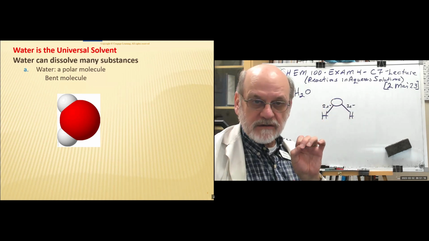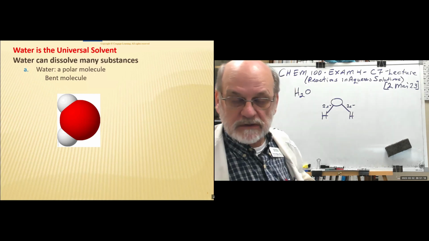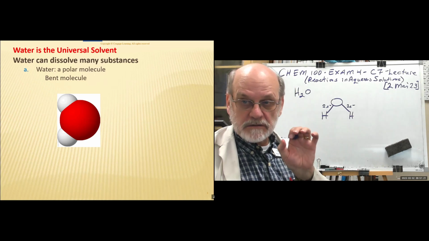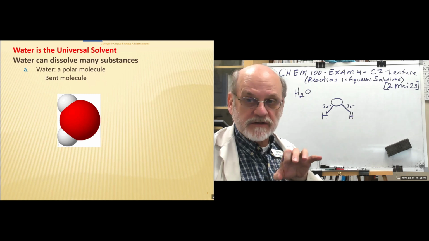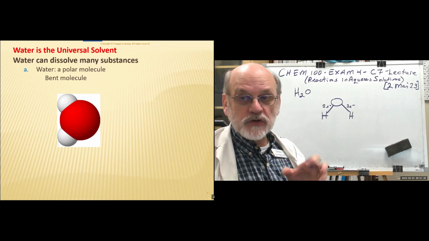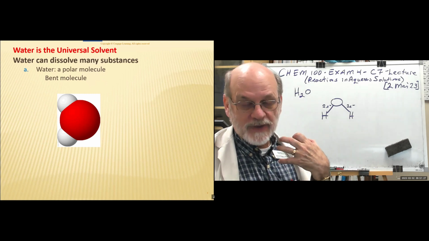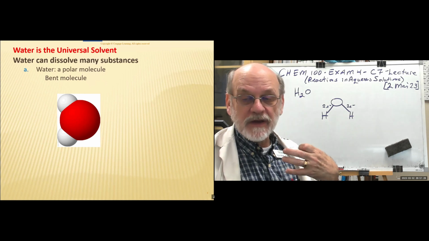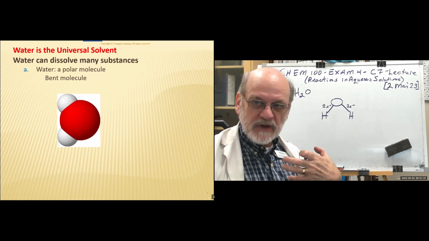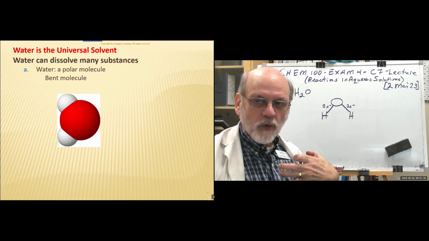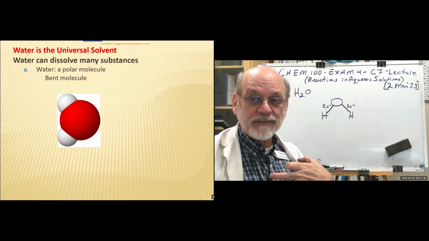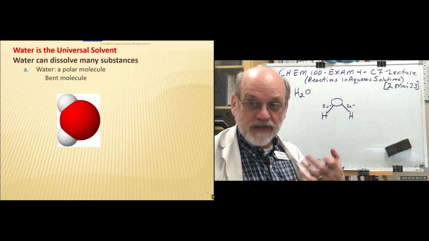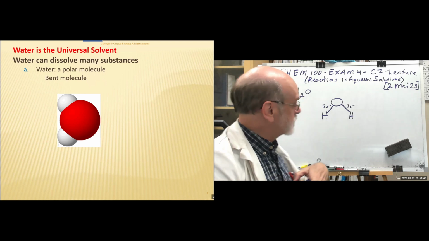But oxygen has a much stronger pull on the electrons than hydrogen does. It's not enough to completely remove electrons from hydrogen to form ions, but it is strong enough to force the electrons to spend more time around the oxygen than they do toward the hydrogen.